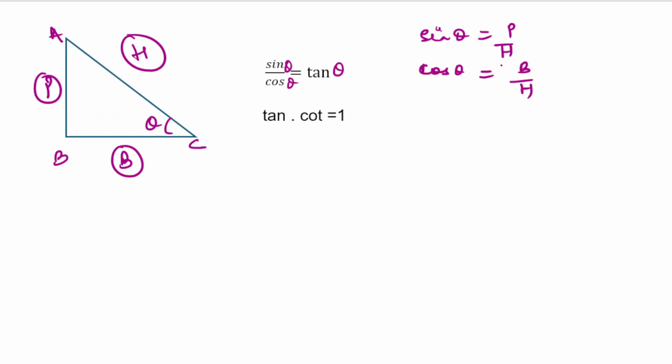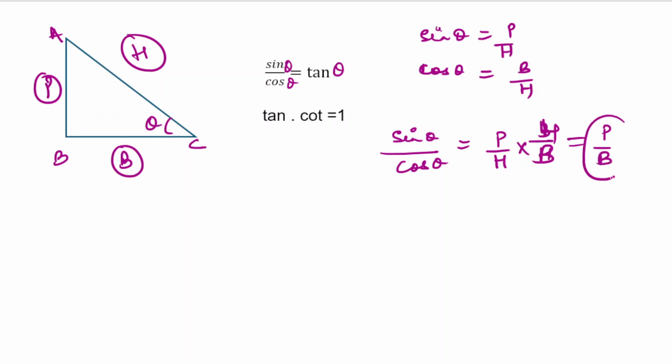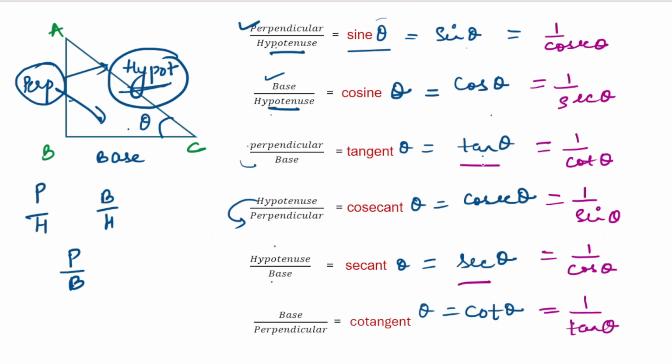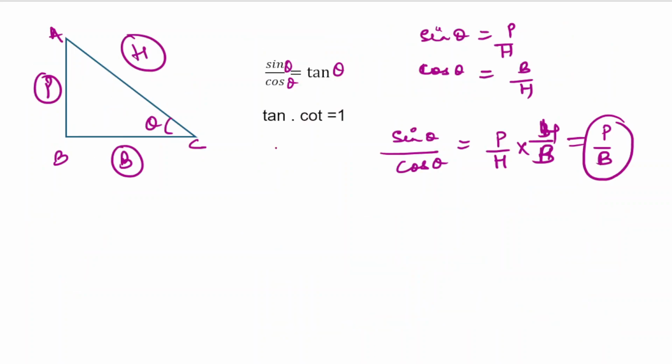When you divide sine theta by cos theta, it equals perpendicular upon hypotenuse divided by base upon hypotenuse. The hypotenuse cancels, so you get perpendicular upon base. And what is perpendicular upon base? It is tan theta. So sine theta divided by cos theta is equal to tan theta.